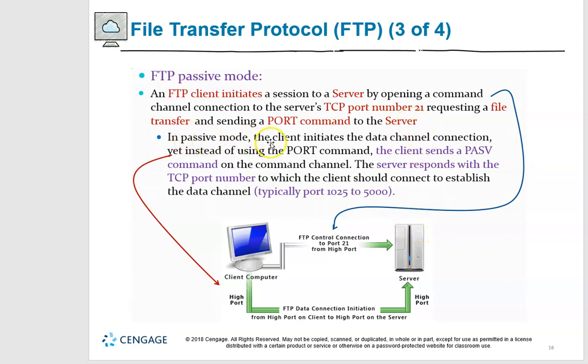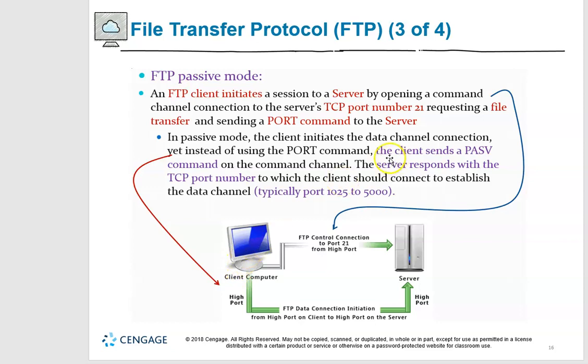But in passive mode, the client initiates the data channel connection as well. So this is going the other way, as different from what we saw in active mode on the last slide. So the client now is the initiator for both communications.